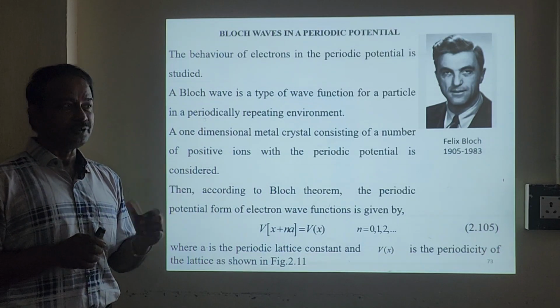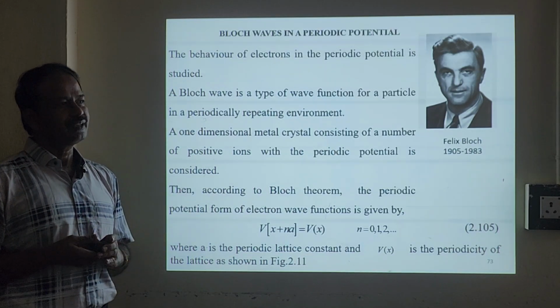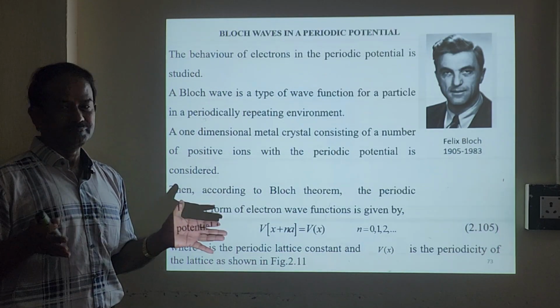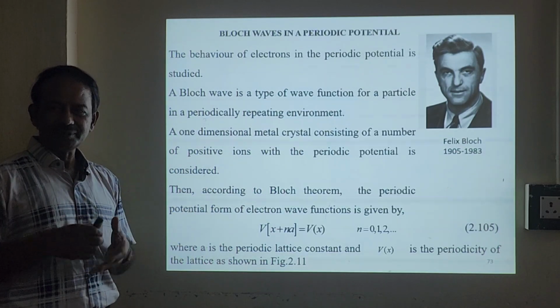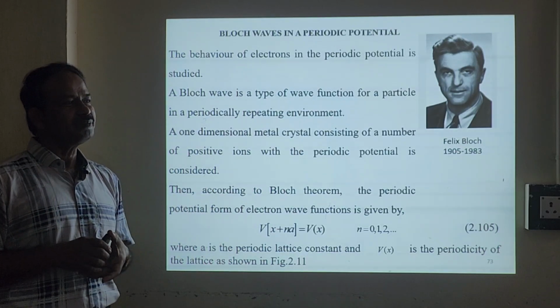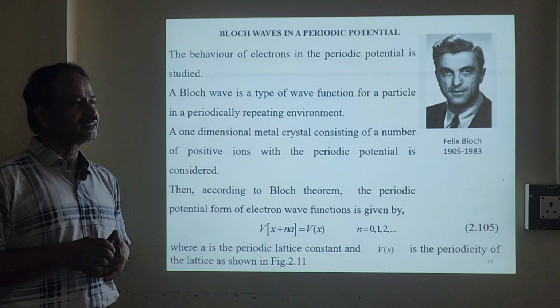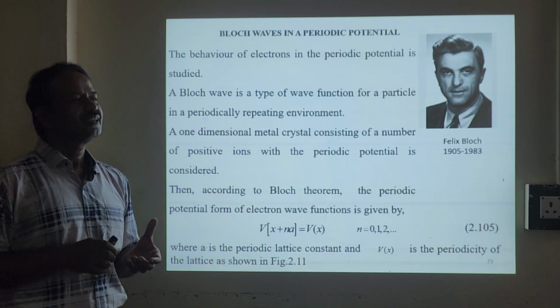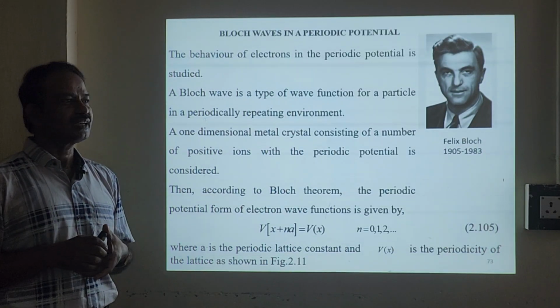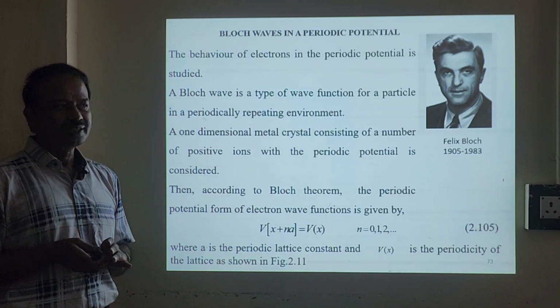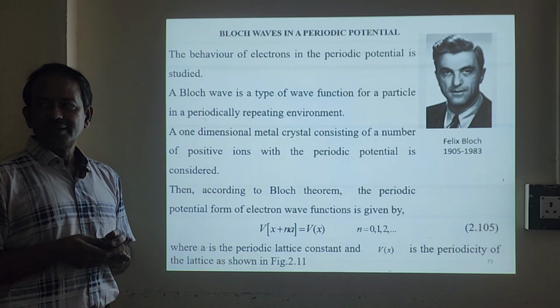Then he became a citizen of the US and he participated in many atomic bomb discussions. In fact, he became the first director of CERN, a very famous nuclear observatory.